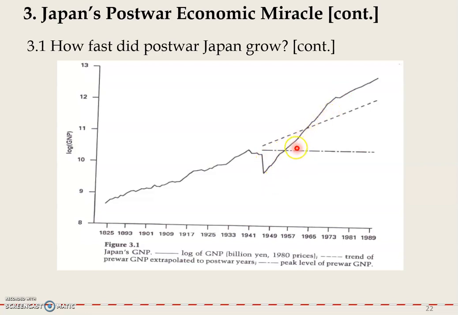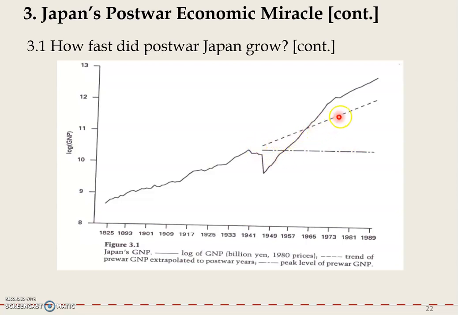Here you see two lines we put in the graph to help us better understand this. The first one is this horizontal line, which is the pre-war GNP level. From this horizontal line to the solid curve tells us how much more the Japanese economy grew or produced in the decades after World War II.